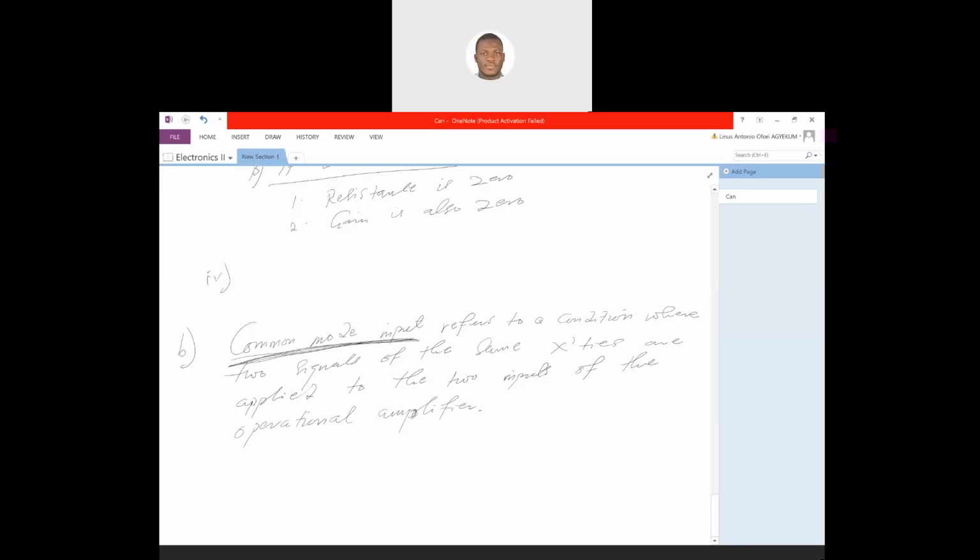Now, when you go on, it asks the question, define the term common mode rejection ratio, which we have already done. So it is more like a repetition. And then again, it gives you another question, which is the BII.